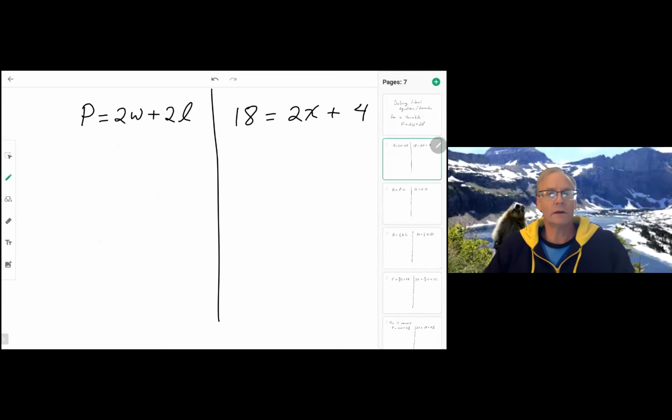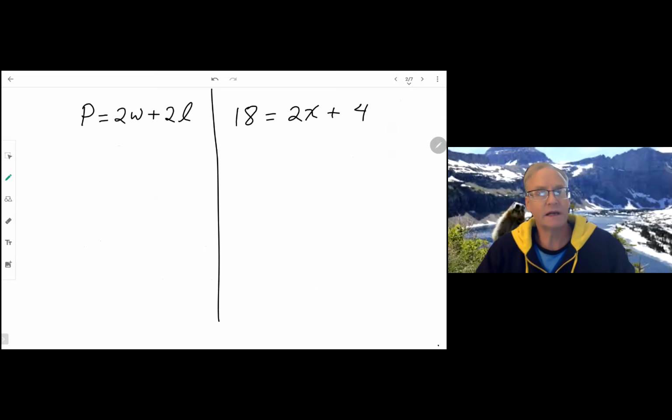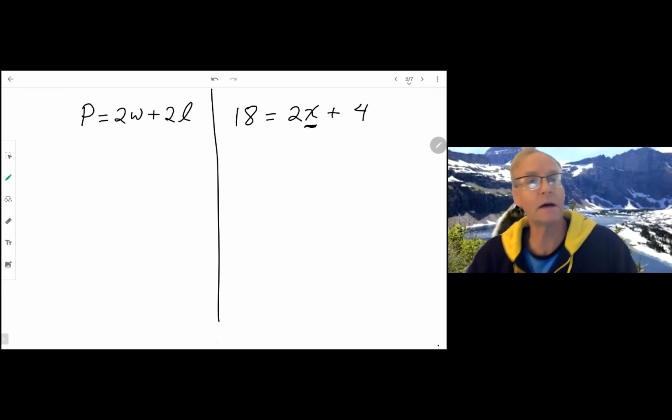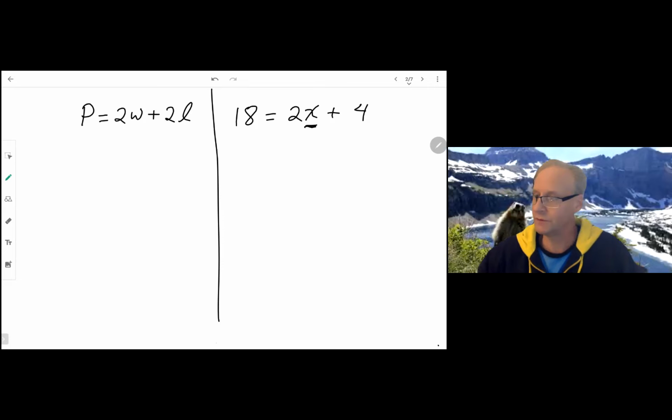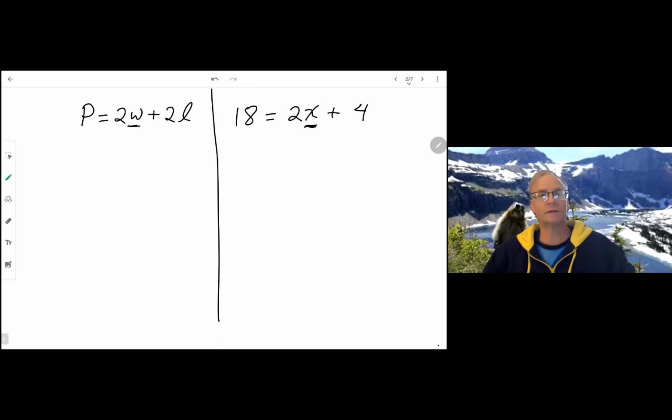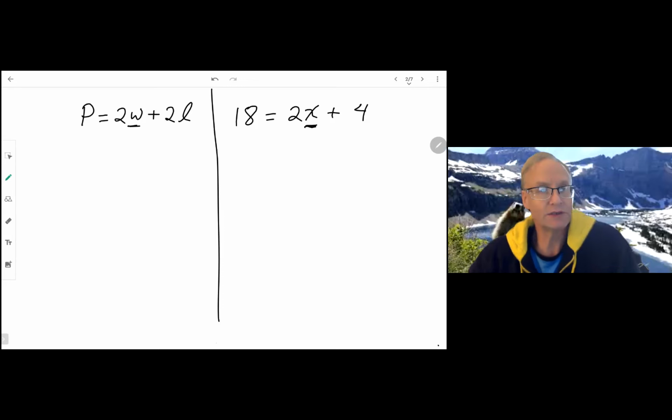So what I've done here is I've set up a side-by-side example. I like to do this a lot because most of us are familiar with this one where we're supposed to get the x by itself. I'm going to do these problems side by side so that you can see it's very similar operations that we follow. Most people are aware that if you wanted to solve this equation on the right for x, we would do the opposite in reverse order to both sides.